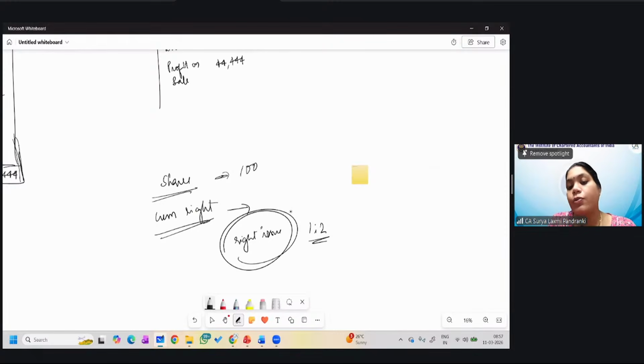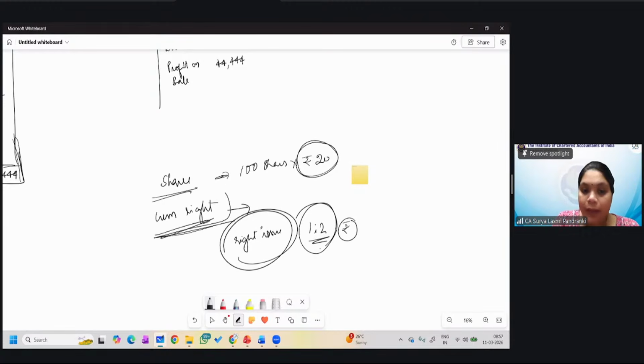So you have a right to buy at 1:2 ratio at whatever date and whatever price they have declared. This 100 shares, whatever you have purchased, suppose I purchased this for some 20 rupees, let us suppose. This 20 rupees is including the right also. It is not only the price of the share, it is also the price for the right as well.